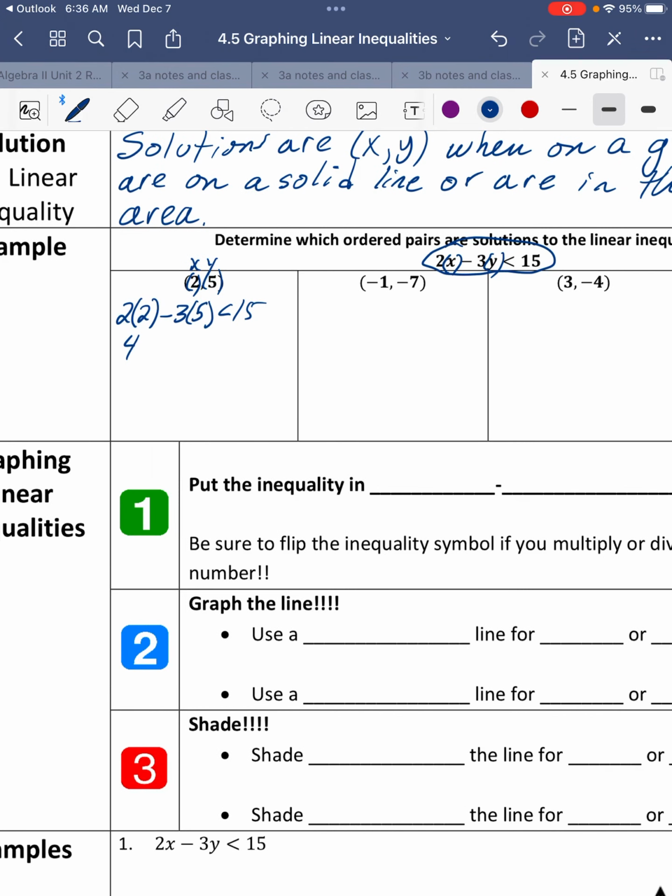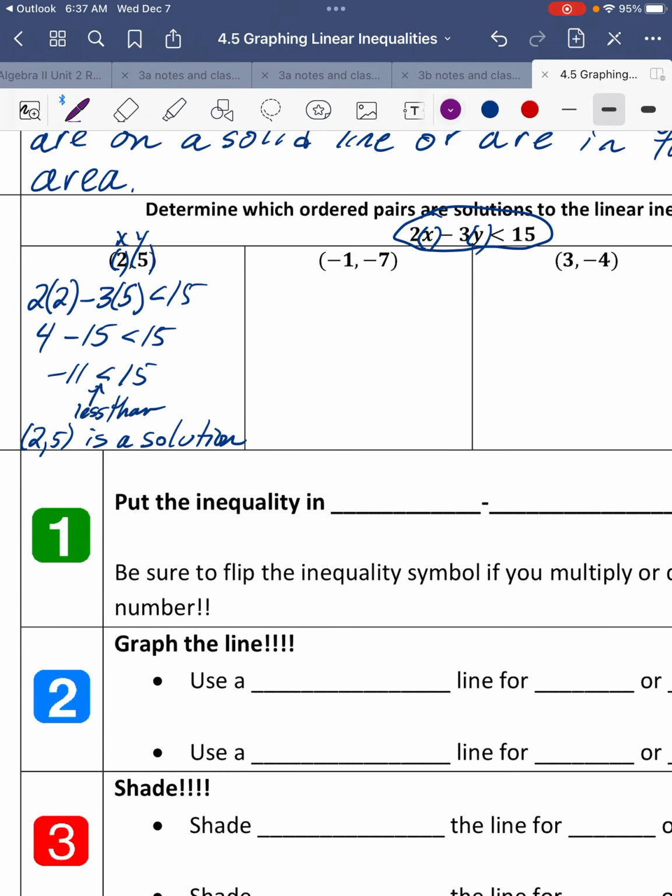We have multiplication here, and negative 3 times 5 is negative 15, so 4 minus 15. 4 minus 15 is negative 11. Is negative 11 less than, remember that's a less than, 15? Yes, it is. So the ordered pair (2, 5) is a solution to the inequality.